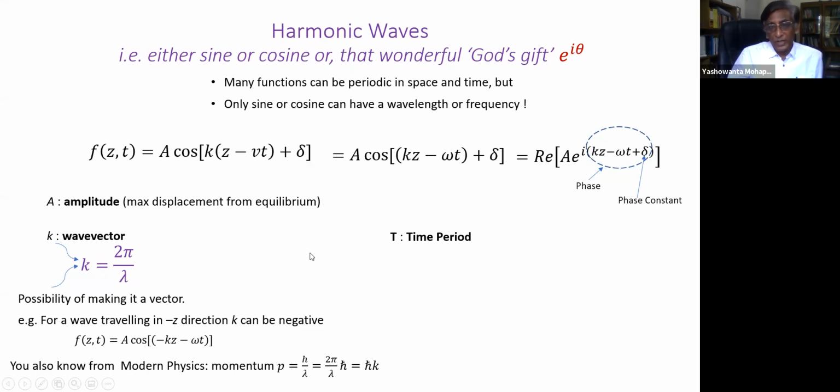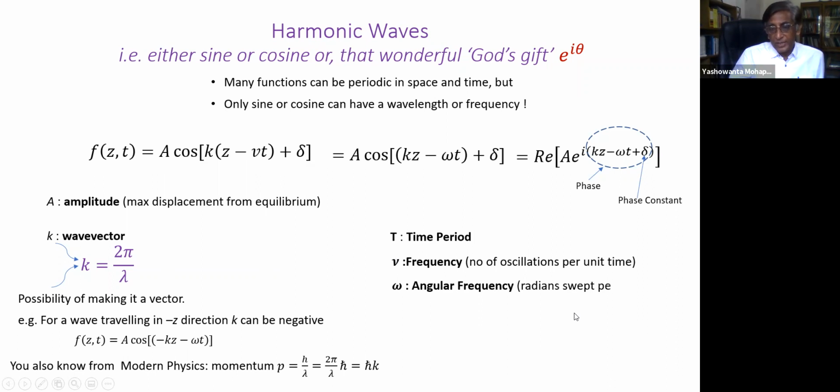Of course, we are familiar with time period from oscillations. This is the same time period, and nu is frequency, the number of oscillations per unit time. And the angular frequency, we know, is the radians swept per unit time. So omega is angular frequency. The most convenient expression for waves is in terms of k and omega.